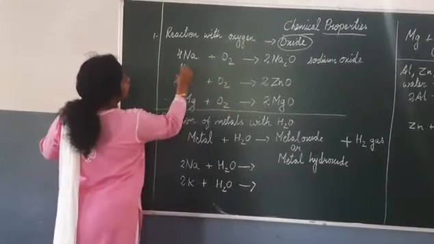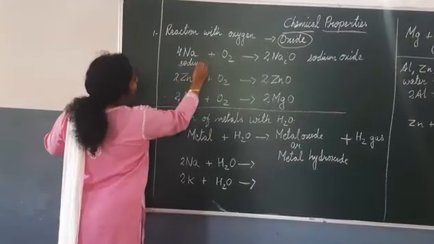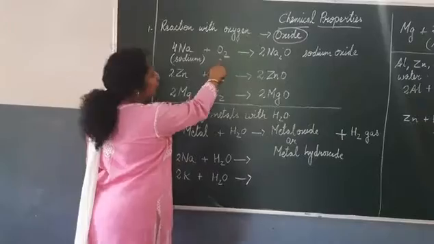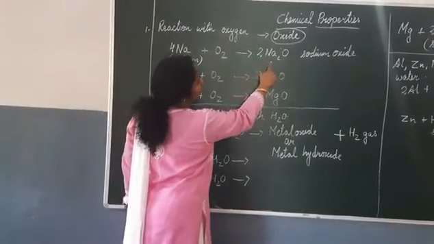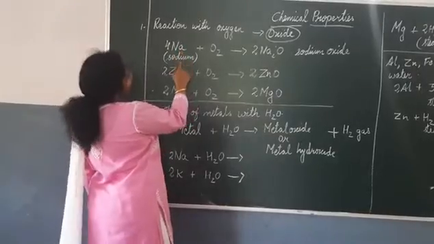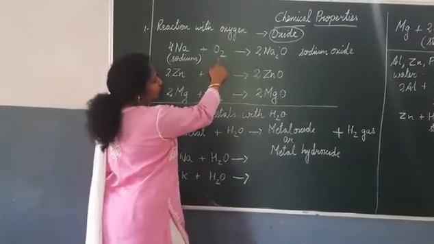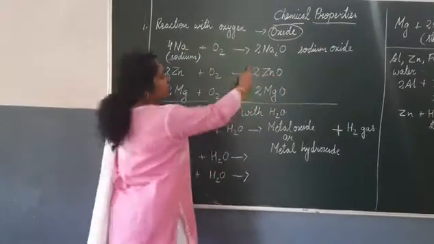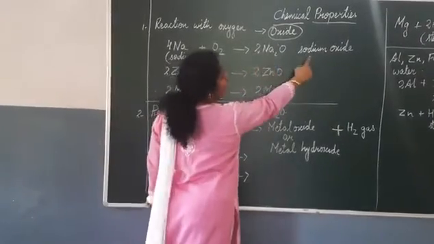Na is sodium. When sodium reacts with oxygen, it forms sodium oxide. So you can see the reaction of metal with oxygen is forming the oxide of that metal. Okay, so this is sodium oxide.